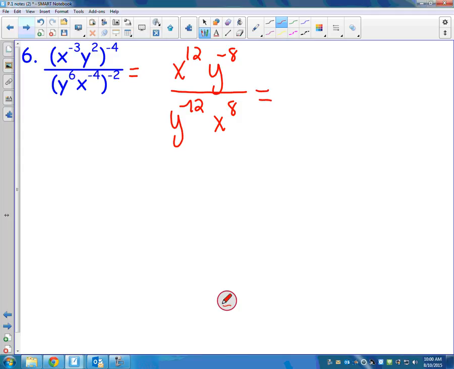So if you were doing your x's, you would do 12 minus 8, which would just be x to the 4th, right? Watch your negatives here. What am I going to get on y? Y to the negative 8 minus negative 12. Negative 8 minus negative 12 is going to become plus, so that's just going to be y to the 4th also.